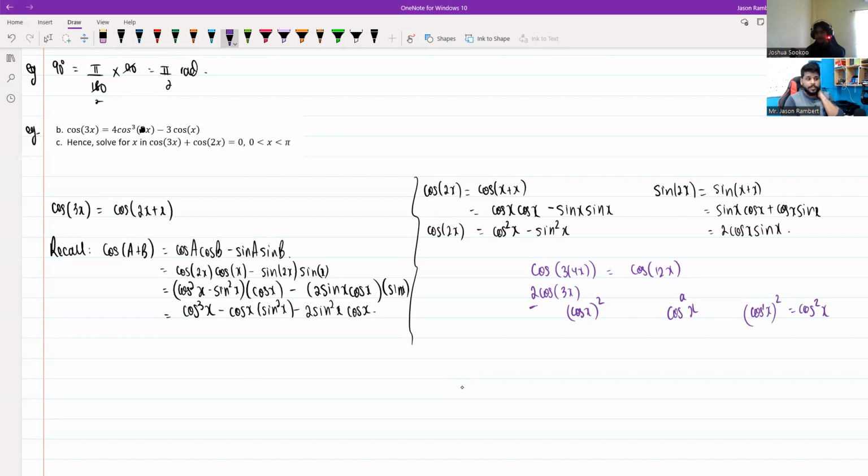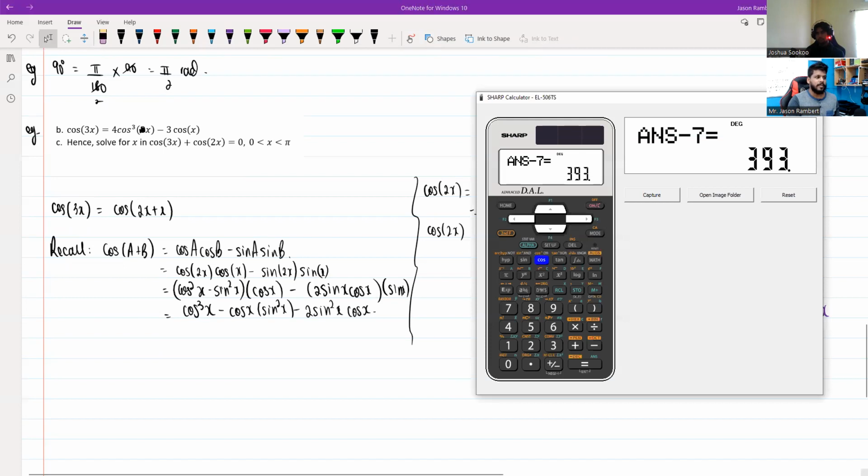Cos squared x, sine squared x is nice to say. It rolls off the tongue. When we perform a calculation with cosine squared x, we actually calculate cosine of the angle and then square it. Some calculators will allow you to put a squared above the cosine, but this one wouldn't.